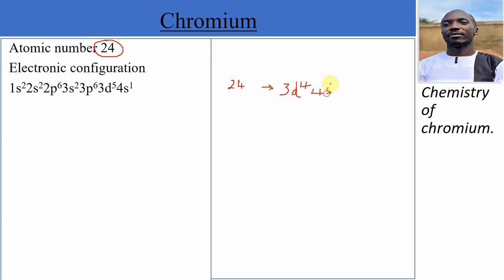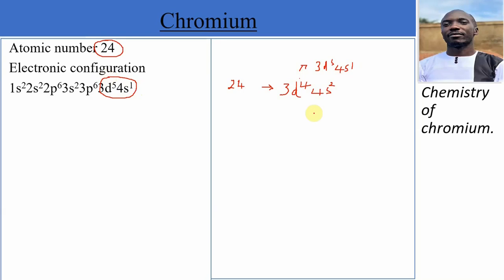So this is the unstable configuration of chromium. So what do we do to get the stable one? We promote one electron from the s sub-energy level. Then we get 3d5, then 4s1.